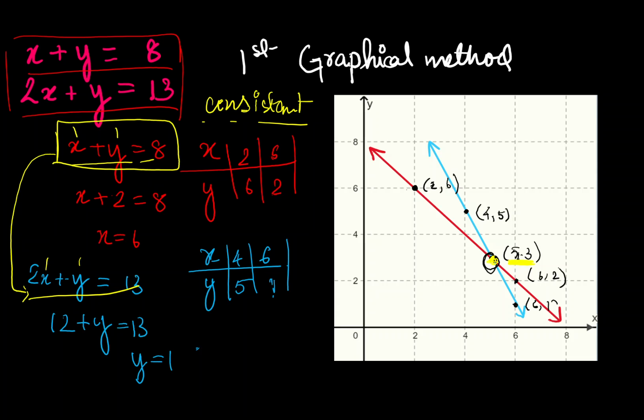They intersected this time, so that is a consistent graph, and we get x as 5 and y as 3. You can put these in the places of x and y and check if they satisfy the equations or not.